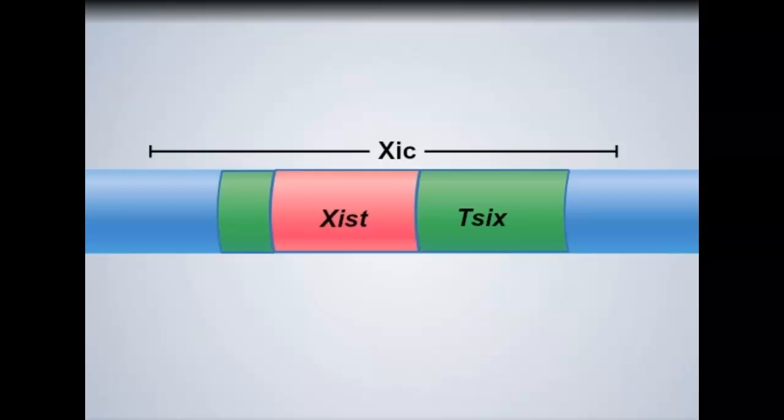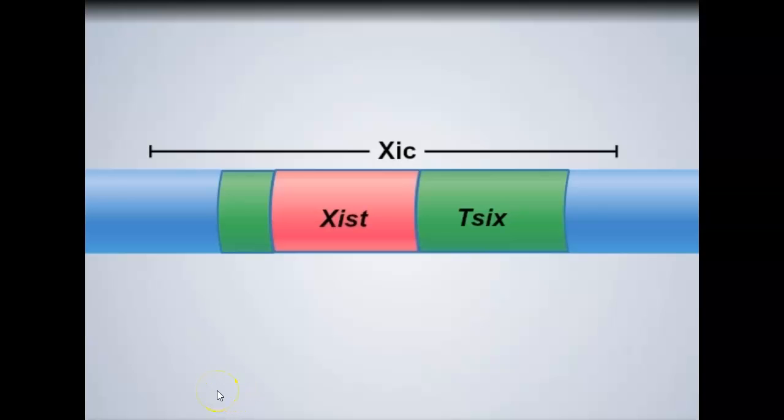The other one is actually ZIST backwards, TSIX. If this gene is activated, then the X chromosome is going to become a bar body, which means inactive. If this gene is activated, it's going to be the active X chromosome that is used to produce proteins throughout the life of this particular female.